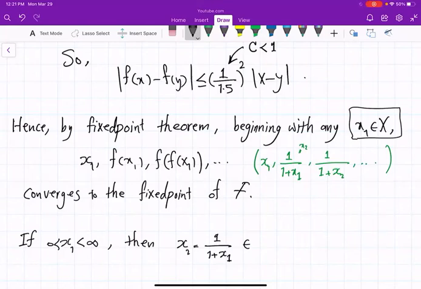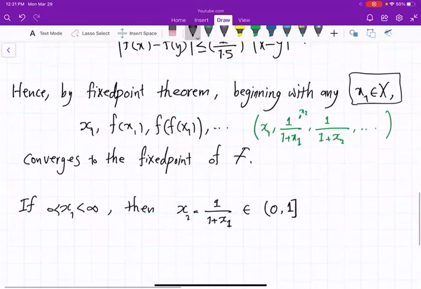The biggest you can get is 1, when you plug in 0 for x1. And the smallest it can get is 0, because x1 can be as big as we want. So x2 is in this range.